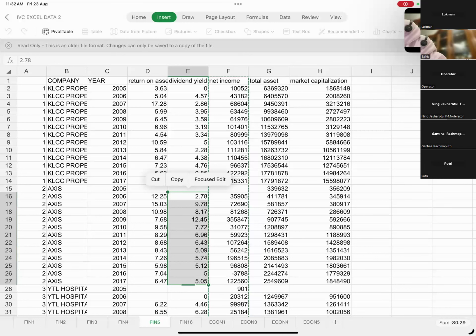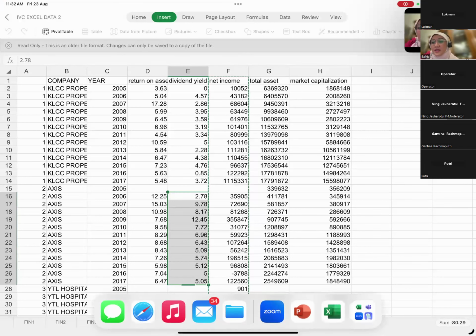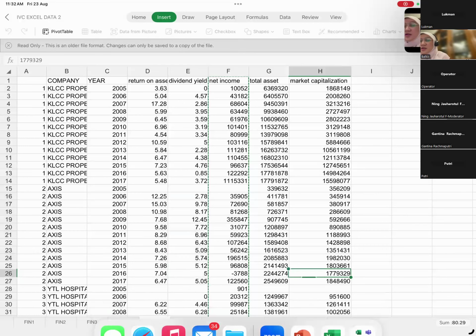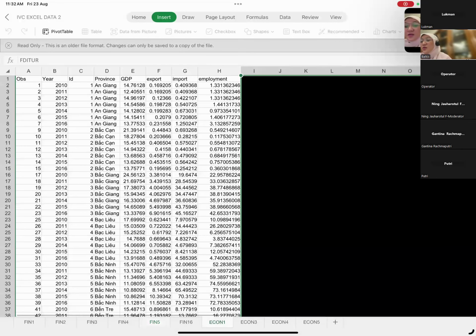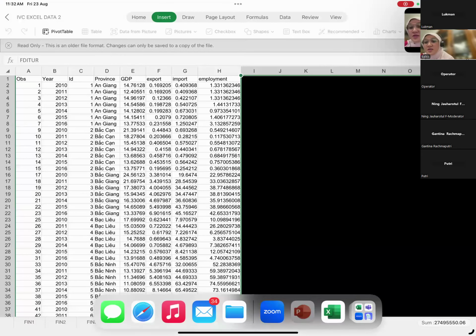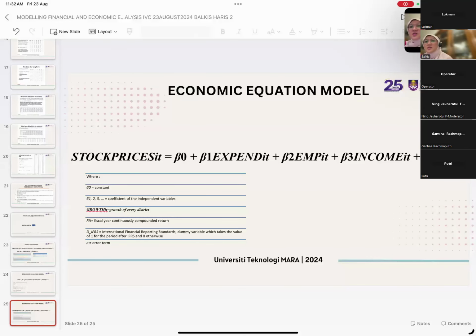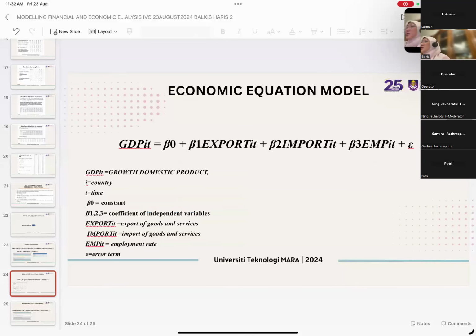Lagi? Any question? Kalau tak ada, we look at the economic data. Because you're quite familiar with the economic data, this economic equation is very straightforward for panel data. GDP, export, import.